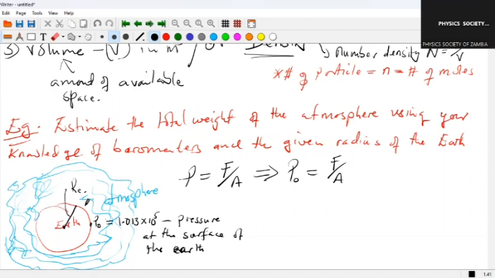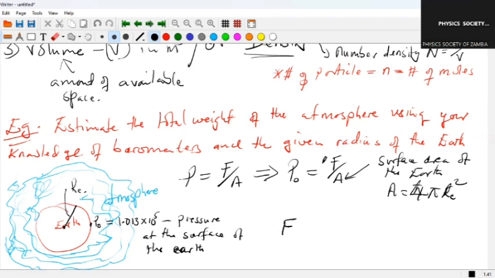Since we have the radius of the Earth, we can determine the surface area of the Earth, and it's given by 4 pi r squared. Therefore, making the force the subject of the formula, the weight of the atmosphere is equal to the pressure of the atmosphere times the surface area of the Earth.